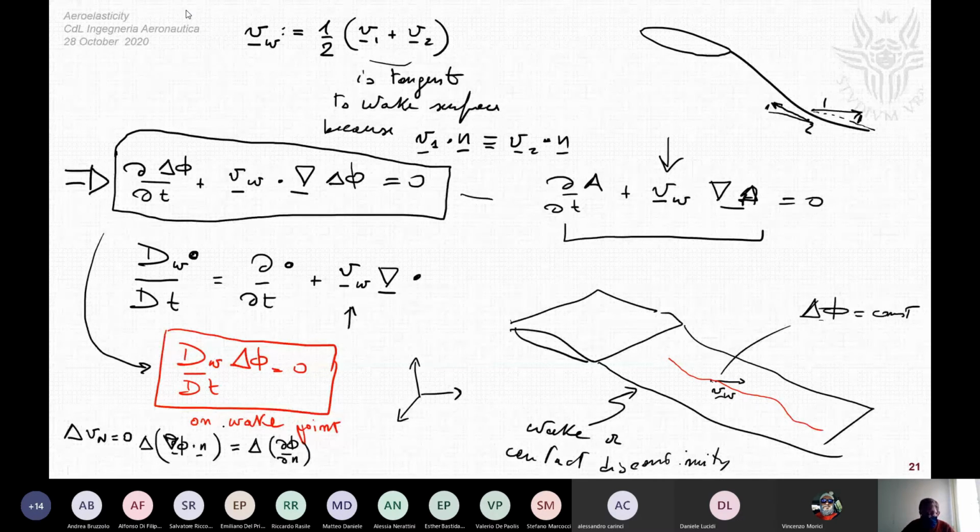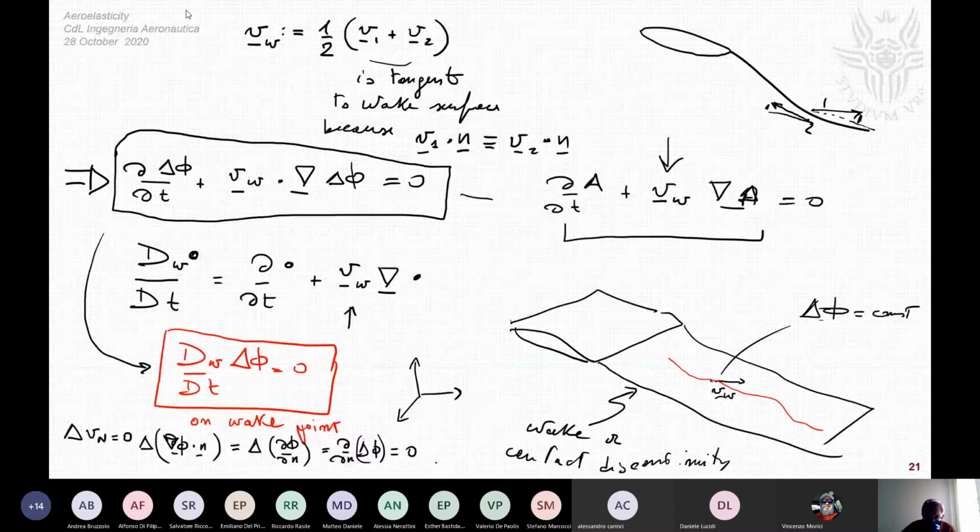This projection of the gradient in the n direction is d phi on the n, and therefore you can directly state that delta d phi on the n is equal to 0.